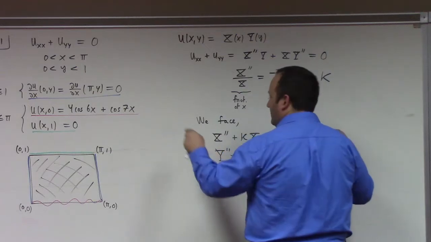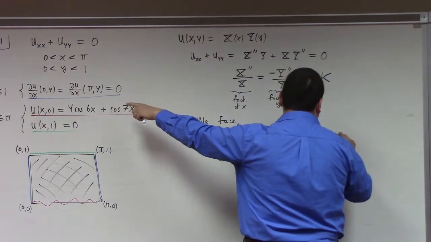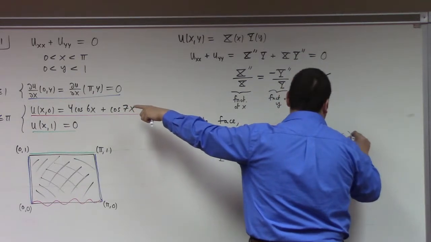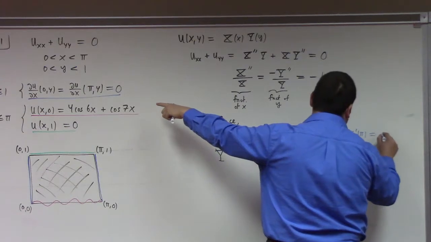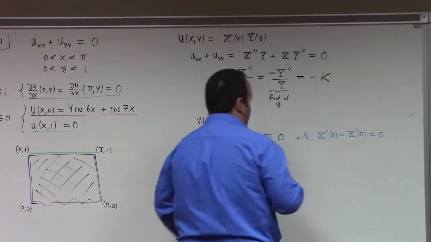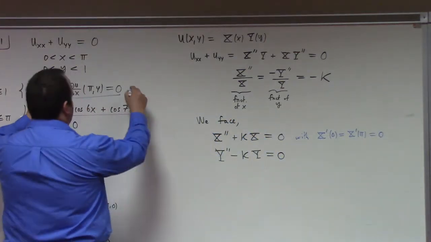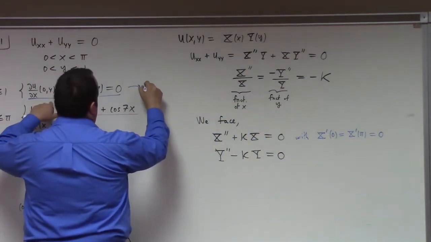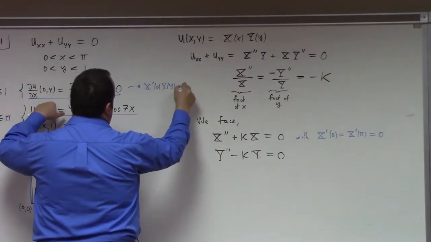x prime of 0 is x prime of pi is equal to 0, right? I mean, technically, these conditions give us directly something like x prime of 0 times y of y is equal to 0.